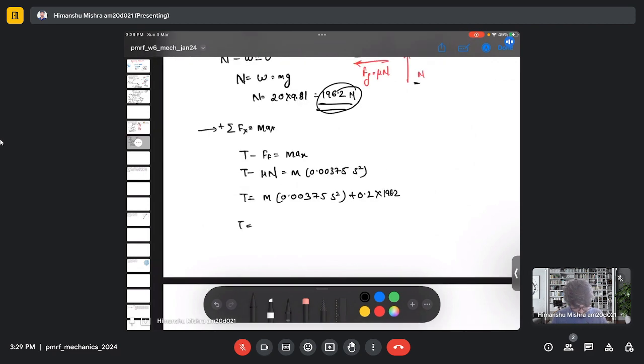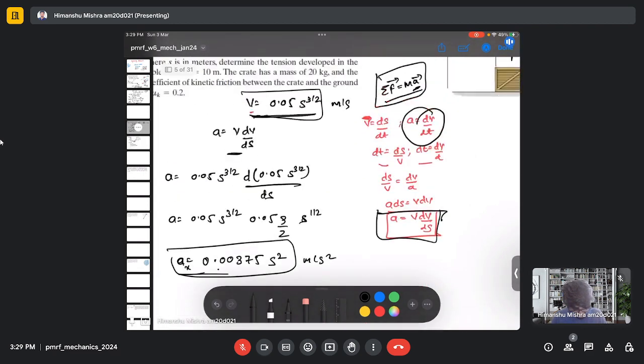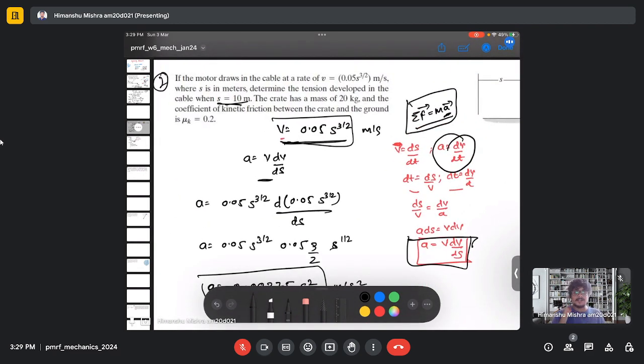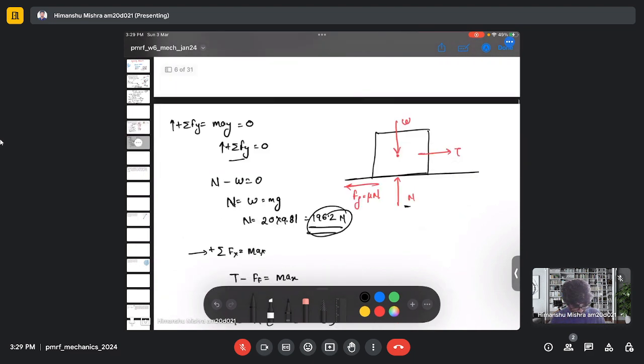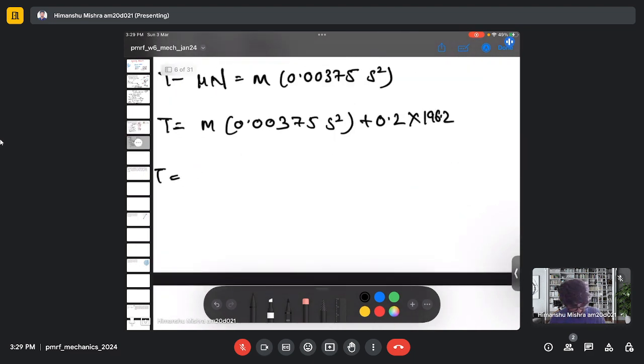We need to find the tension at a distance of 10 meters, so here we need to plug in s, which is 10.